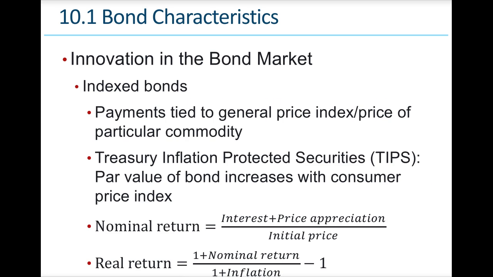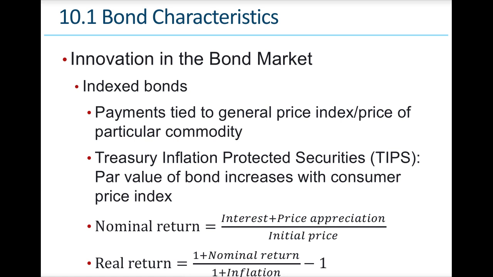We have index bonds, which are payments tied generally to a price index or the price of a particular commodity. And we have TIPS, which are Treasury inflation protected securities, where these bonds are tied to inflation or the consumer price index. So if the consumer price index increases, these bond yields are going to increase.